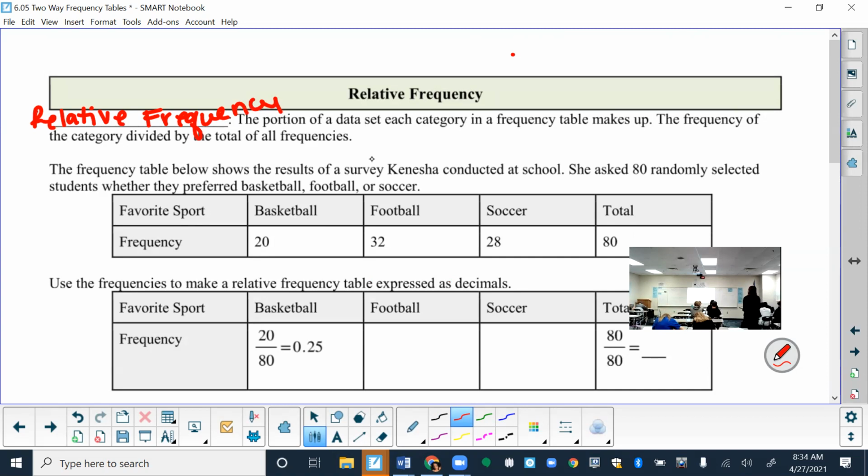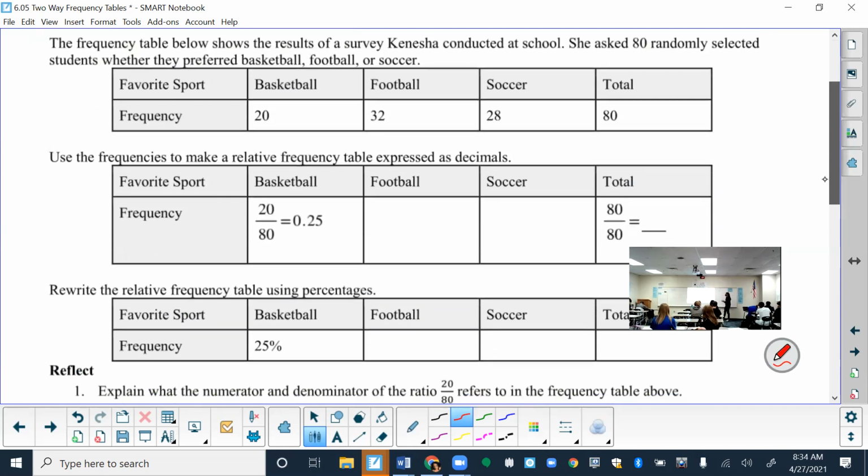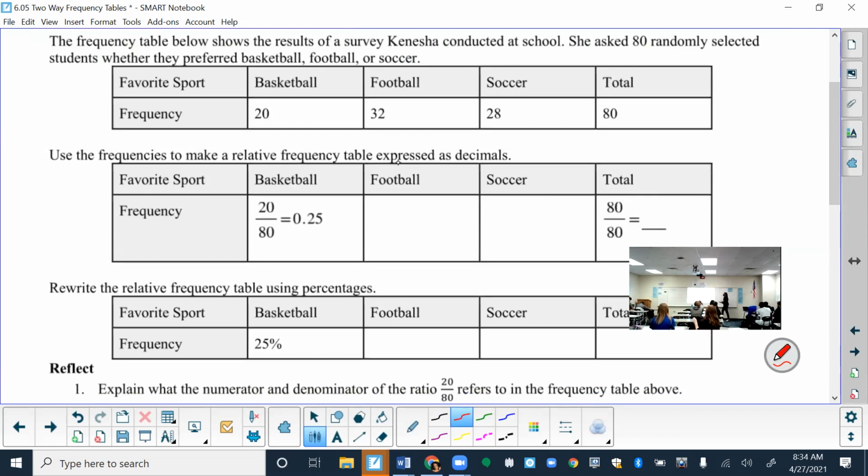Kanisha conducted a survey at school. She asked 80 people, so here's her grand total, 80 people whether they preferred basketball, football, or soccer. And here's her data.